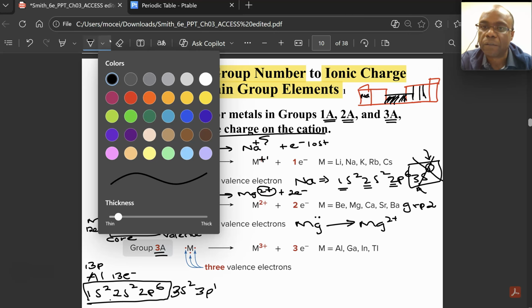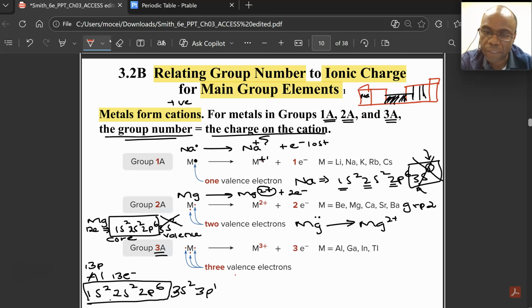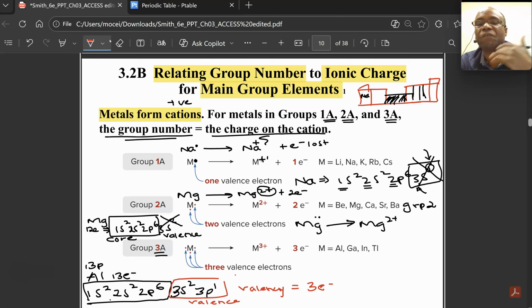So we can see these electrons in the valence shell, and the valency is 3 electrons. It reacts by losing 3 electrons. It's easier for the third shell to lose the 3 electrons than gain 5 more to get an octet.